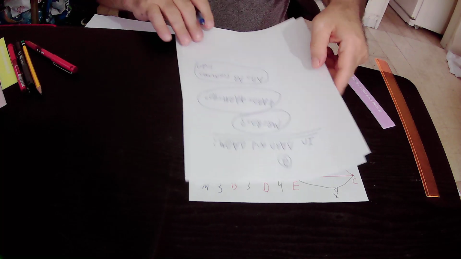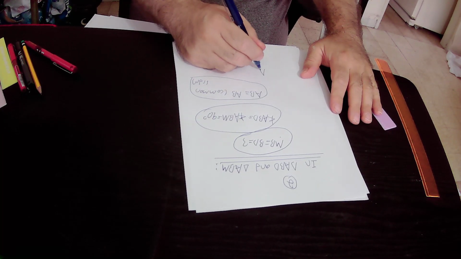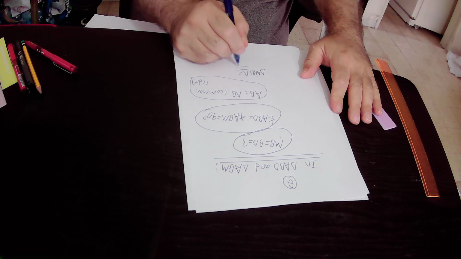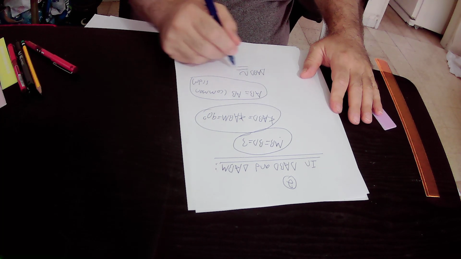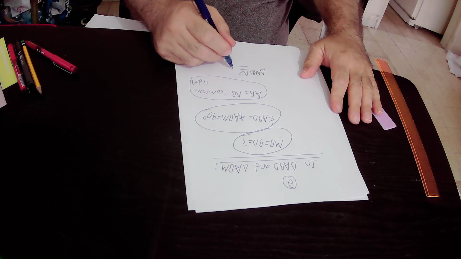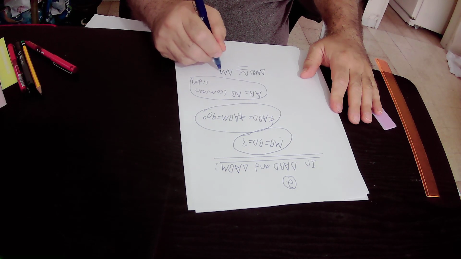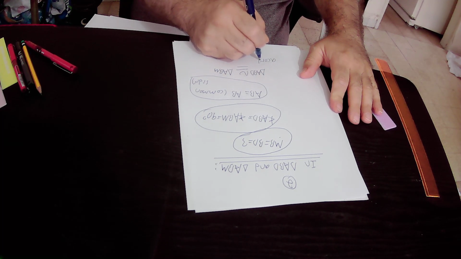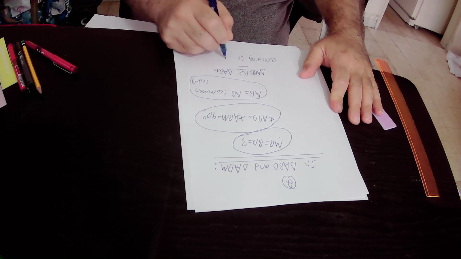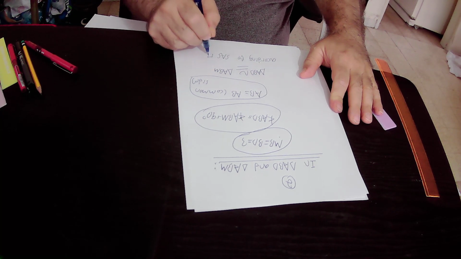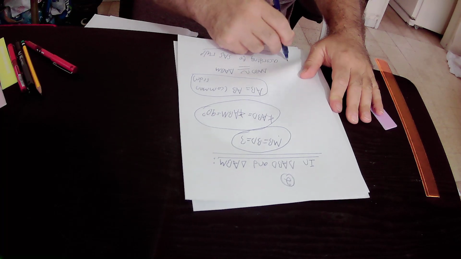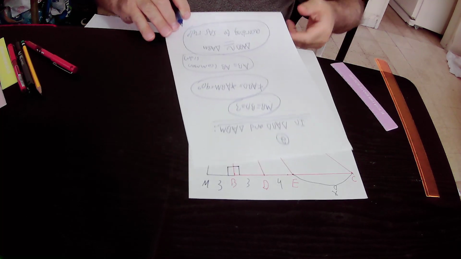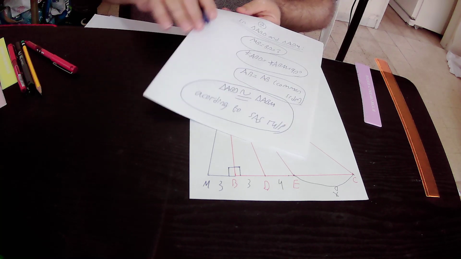So I write it down, triangle ABD congruent, this is the sign of congruent, to triangle ABM according to side angle side rule. Okay, those two triangles, triangle ABD can go into triangle ABM according to side angle side rule.